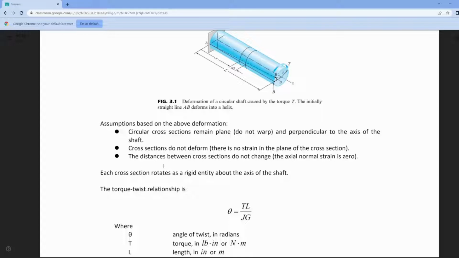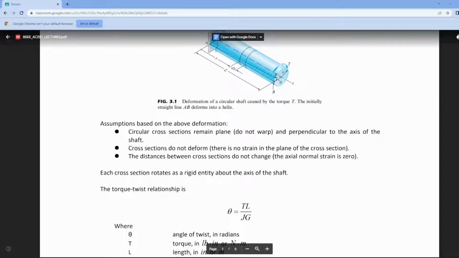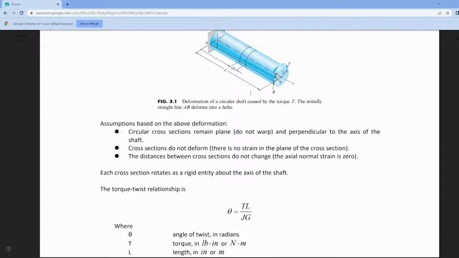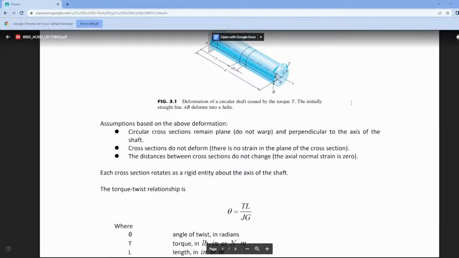And third, the distances between cross-sections do not change. The axial normal strain is 0. Since there is no elongation and no shrinkage, the distance remains L. Even though the cross-section rotates, L does not become smaller or elongate. Those are our assumptions.